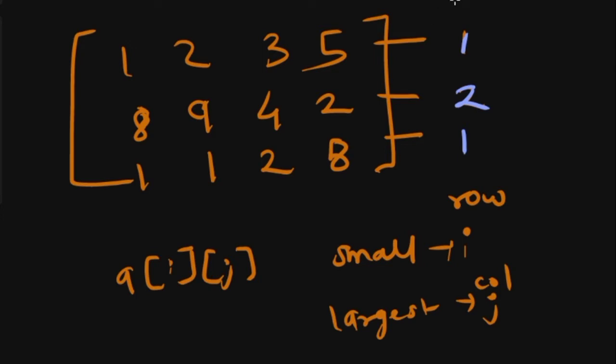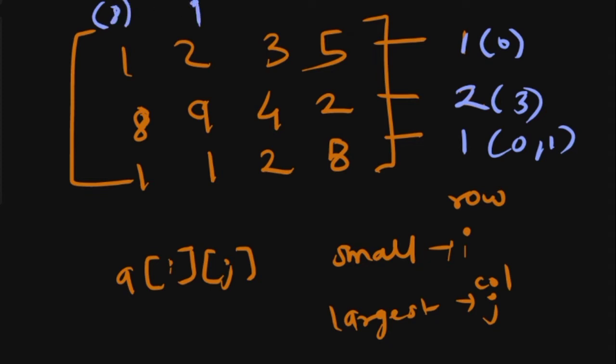The locations are 0, then 0 1 2 3, and here 0 and 1. We can choose anywhere. Now let's see the maximum element in each column. Here it is 8, here 9, here 4, and here 8 again.